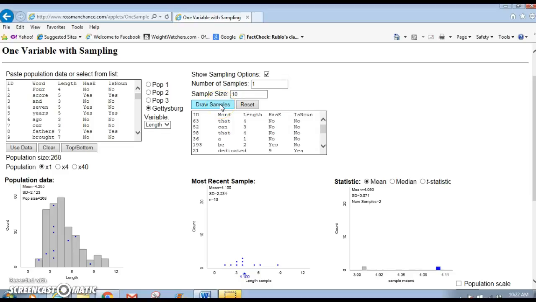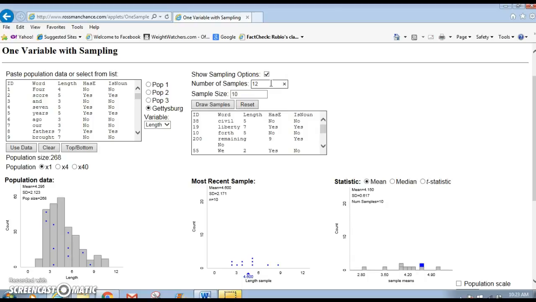So I'm going to draw a few samples so you get an idea of what's happening. Okay. And each time the mean of the sample is being plotted on the histogram to the right. This had a mean of 4.6, then you could see the 4.6 is here. To speed things up a little bit, because we want to get an idea of what this histogram looks like, I'm going to increase my number of samples to, let's do 12.